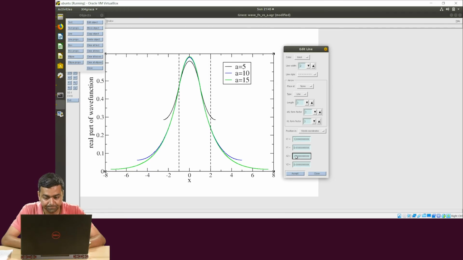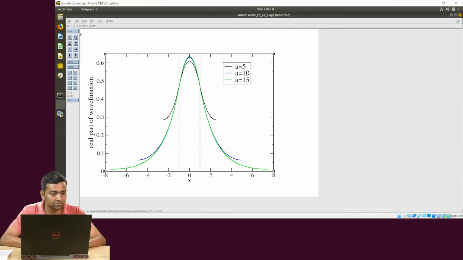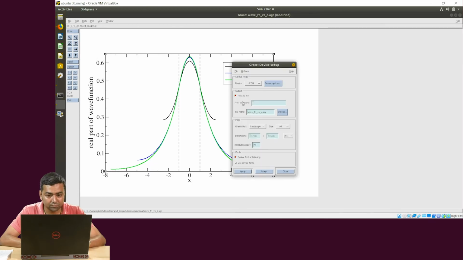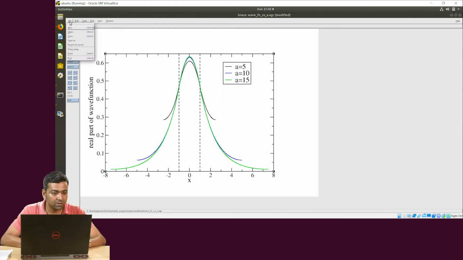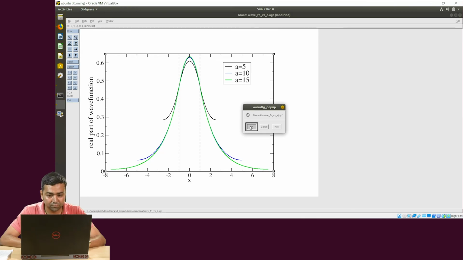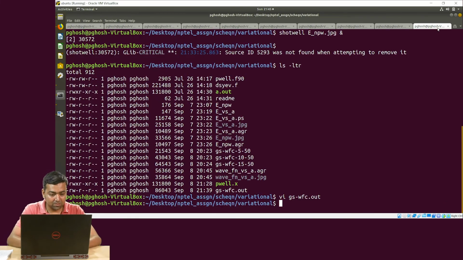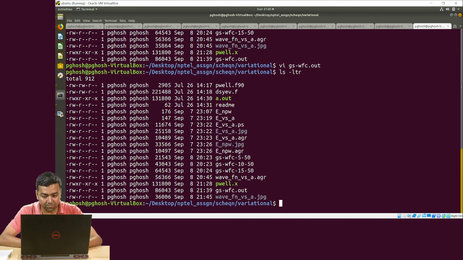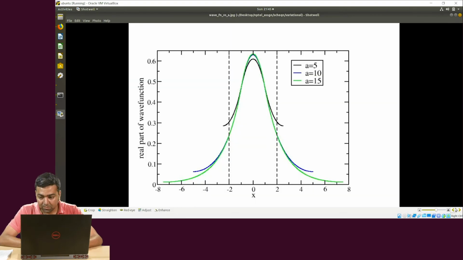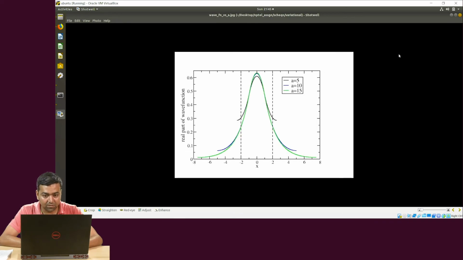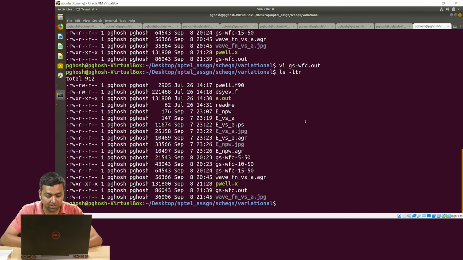Okay, let me just print it again and see if the file has been created. Let me close it and open it again.